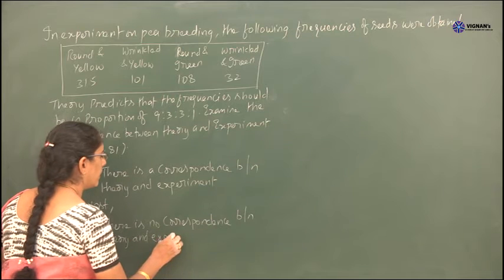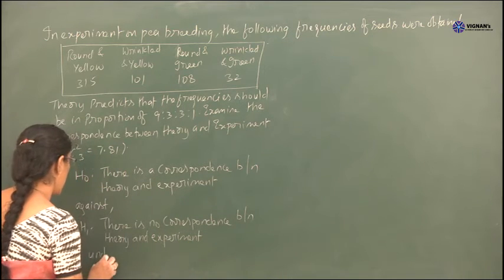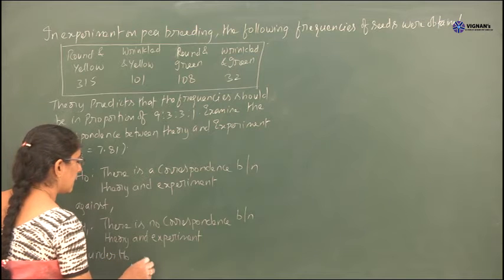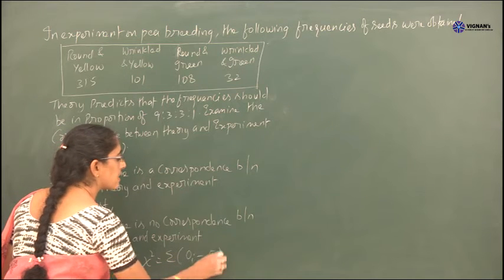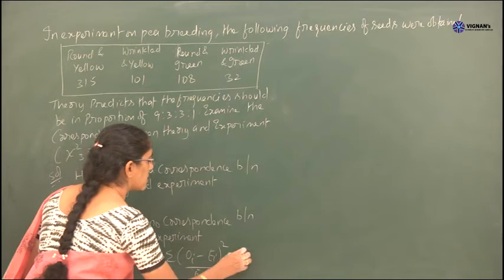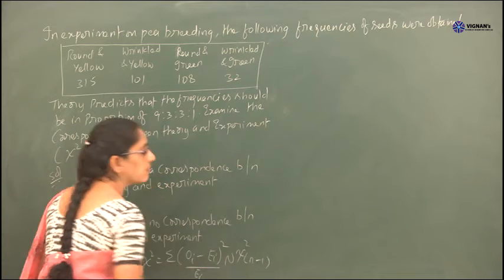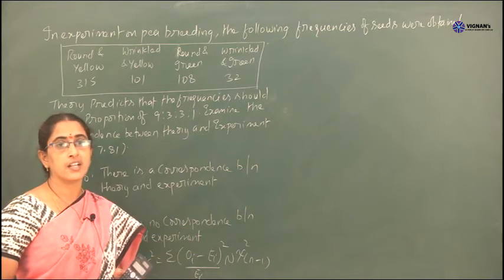Then the test statistic is given as chi-square equal to summation of (observed minus expected) whole square by expected, which follows a chi-square distribution with n minus 1 degrees of freedom. Now let us see the tabulated form for the observed and expected.